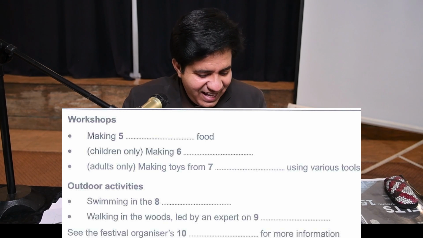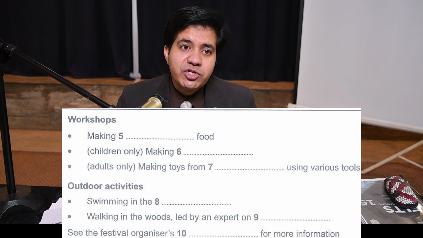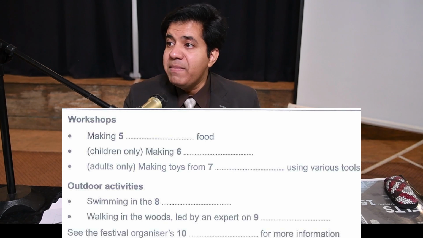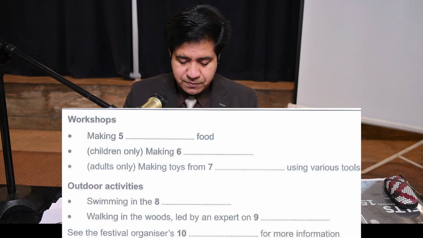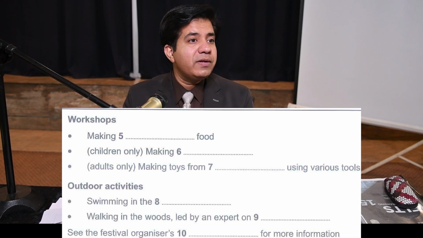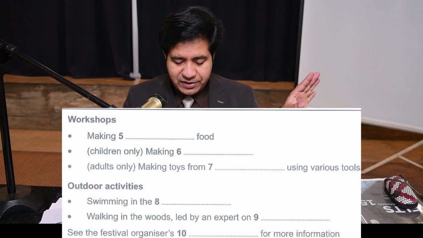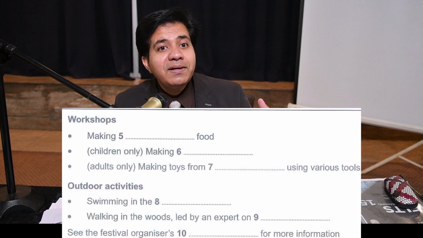Okay. All right. So the answer is posters, creating, and over here it's written making. Making and creating, they are synonyms. Okay, let's go on. Next, question number 7. Adults only means this is for adults. Making toys from. From means material.